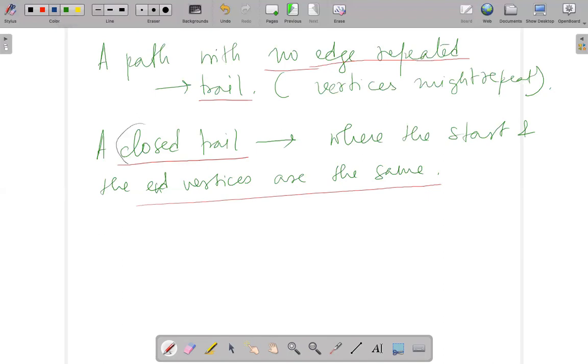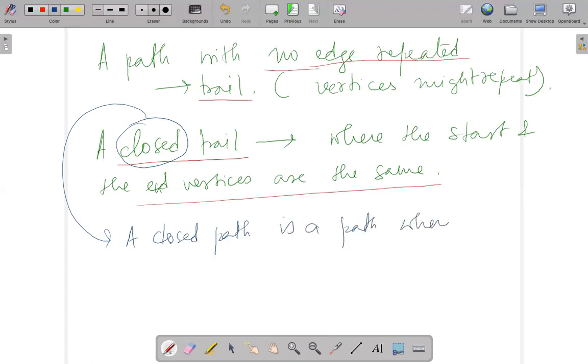So in general, a closed path is a path where the start and end vertices are the same. Otherwise, it's an open path.